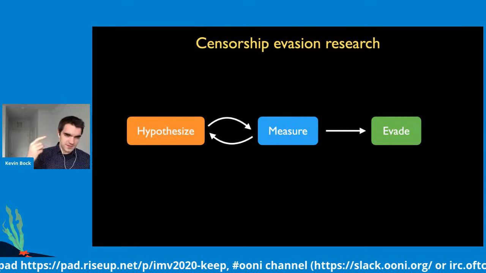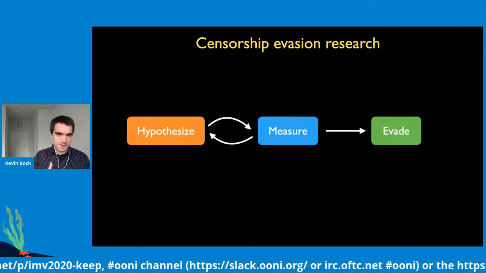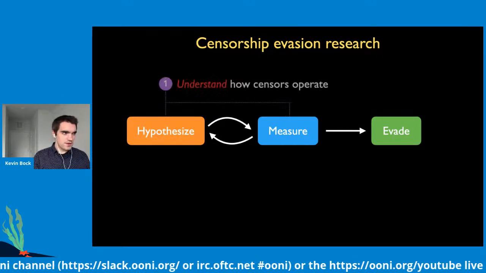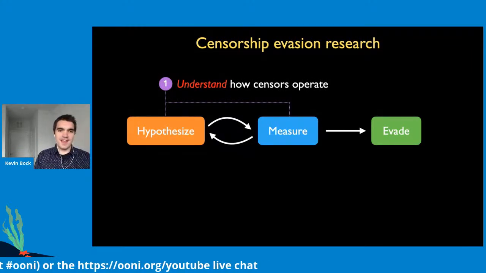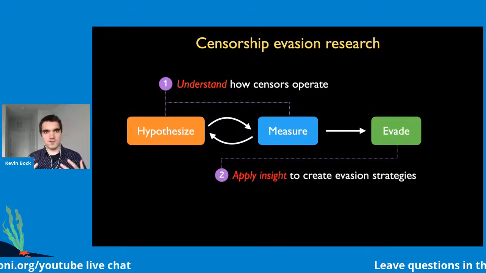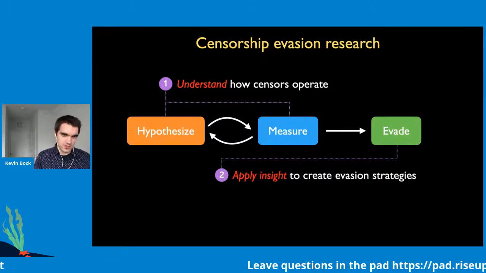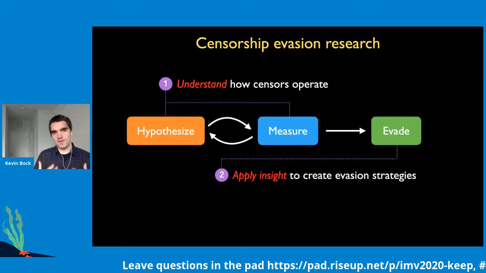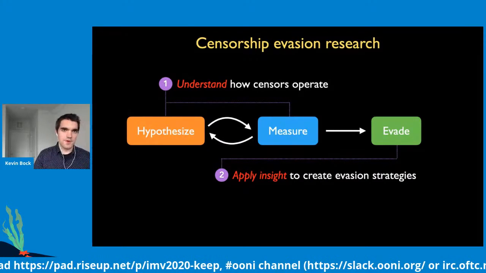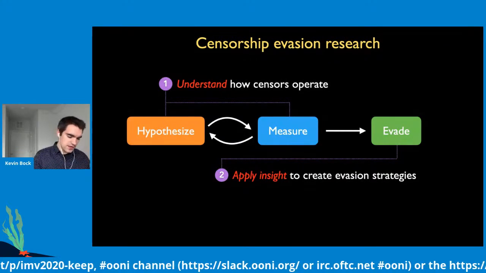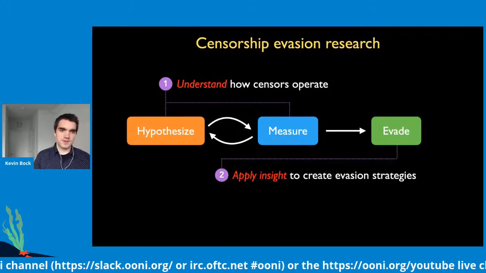We do these iterative cycles of taking measurements and making hypotheses, and we build up a good mental model and understanding of how these censors are operating. Then once we have this understanding, we can apply our good human intuition, create some sort of evasion strategy, and evade censorship. This has basically been the MO for censorship evasion research for the past several years.